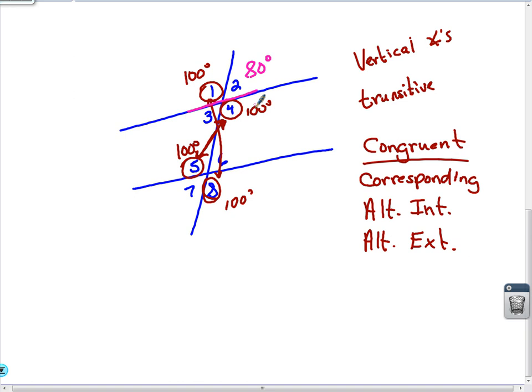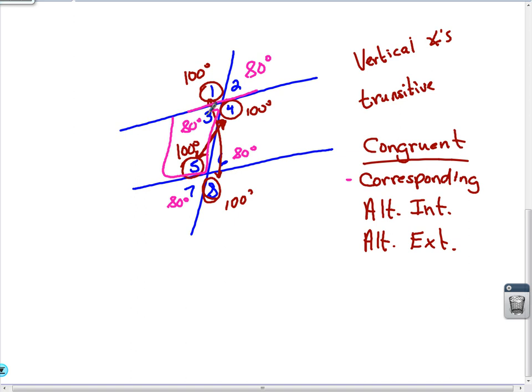Okay, now let's go through that whole spiel again. Well, isn't 2 and 3 vertical? So that makes that 80. Isn't 3 and 7 corresponding, which makes that 80? Isn't 7 and 6 vertical, which makes that 80? So now the question is, what's true about same side interior and same side exterior angles? Here's a set of same side interior.